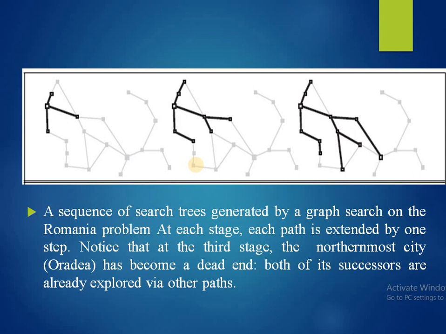At each stage, each path is extended by one step. Notice here that at the third stage, the northernmost city, Oradea, has become a dead end. Both of its successors are already explored via other paths.